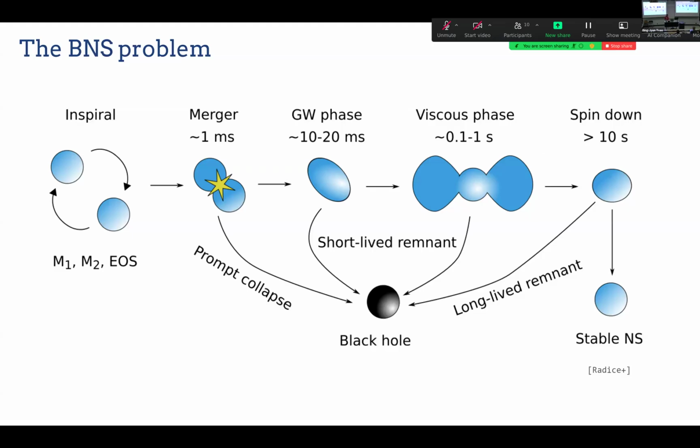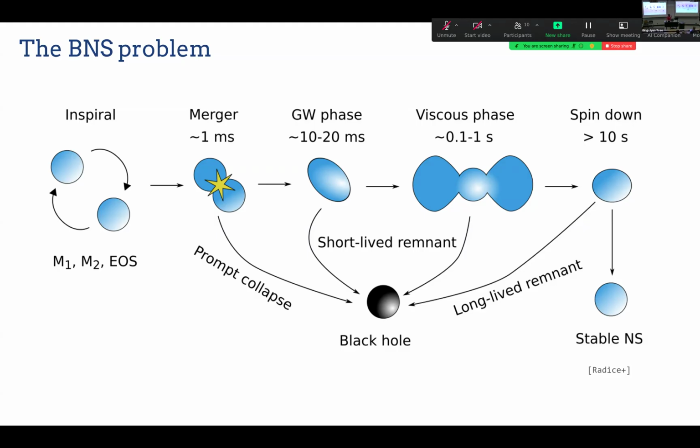I think the problem that we want to look at numerically is the problem of binary neutron star mergers. This slide roughly gives you a summary of what we understand about these types of mergers.